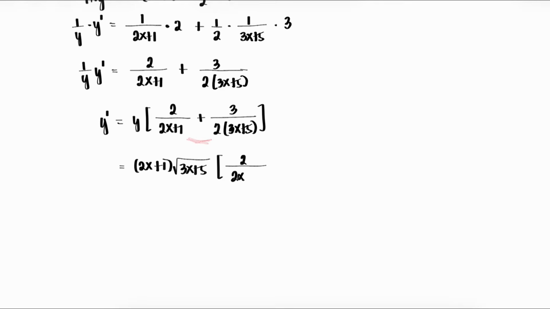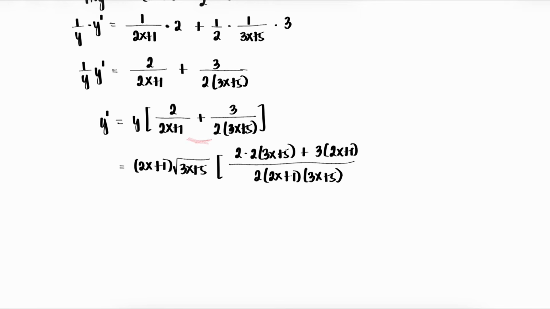So it's just basically the product of the denominators. Let's write the fraction bar, copy 2x plus 1, 3x plus 5. So this is 2 times 2, 3x plus 5 plus 3 times 2x plus 1. And then we can actually combine.